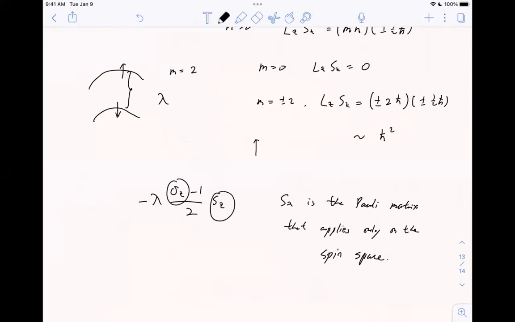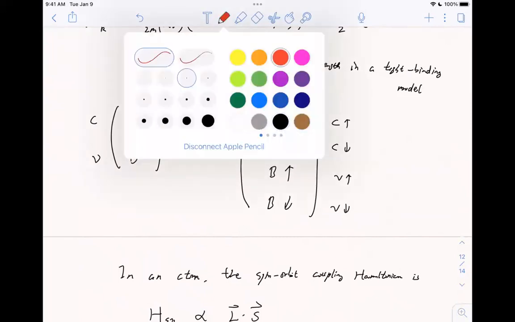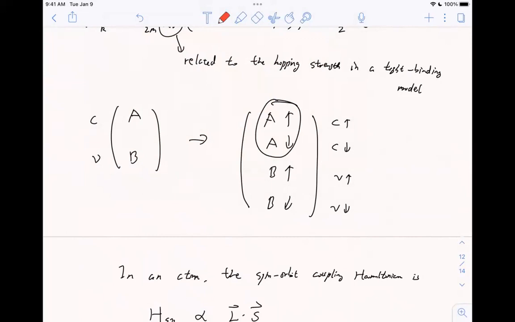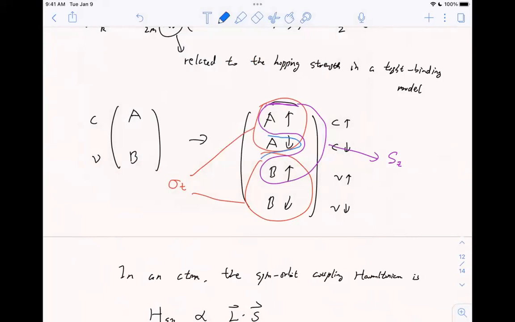So you have sigma z and SZ. Here, SZ applies on these two, spin up and spin down, and sigma z applies on these two. It's a bit complicated, but you get the idea.